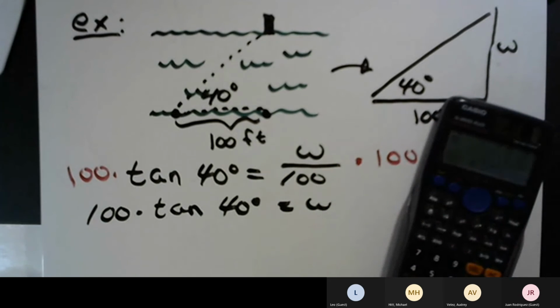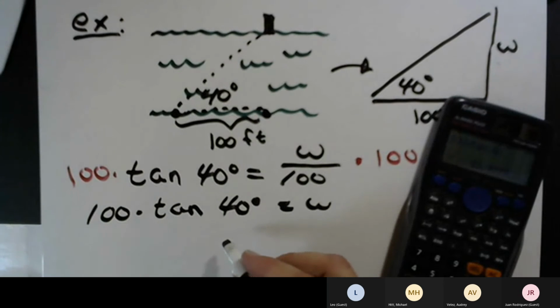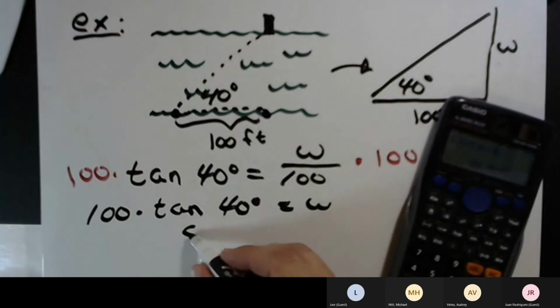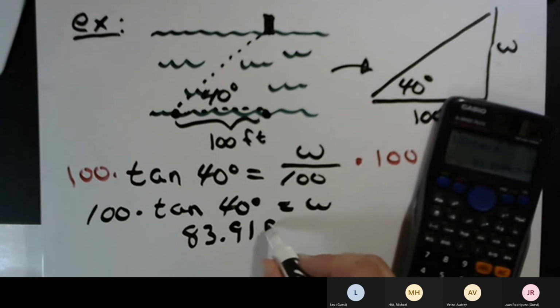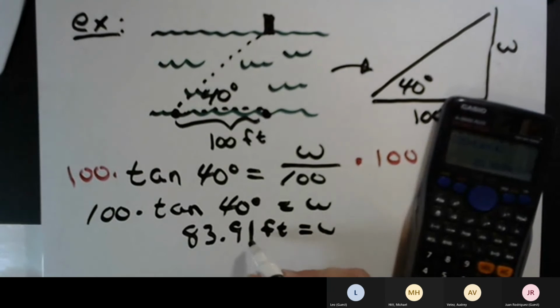And if we put that into our calculator, rounding to the nearest hundredth, we're going to get 83.91 feet is the width. You're not going to actually solve the entire triangle.